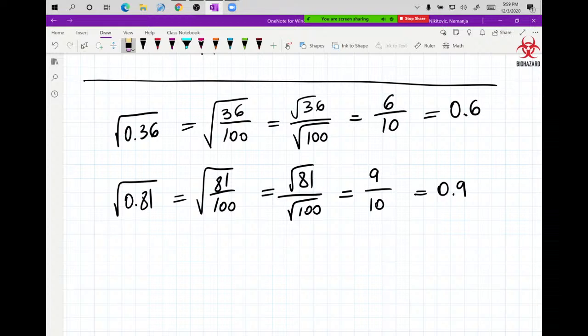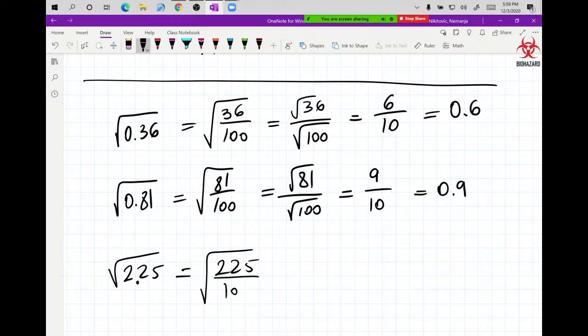Now, I'm also going to take a look at the square root of 2.25. So this one is 225 divided by 100, which is the same idea, right, what we had before. And then the top turns out to be, well, square root of 225 first, divided by square root of 100.